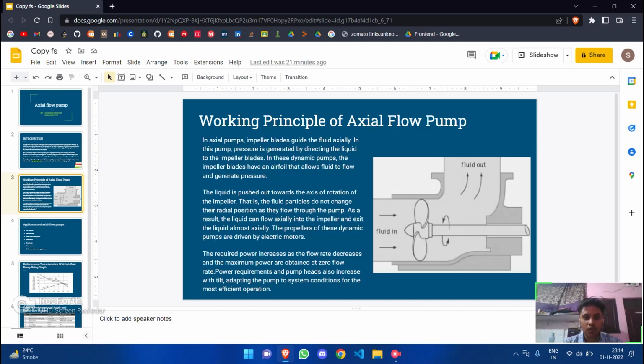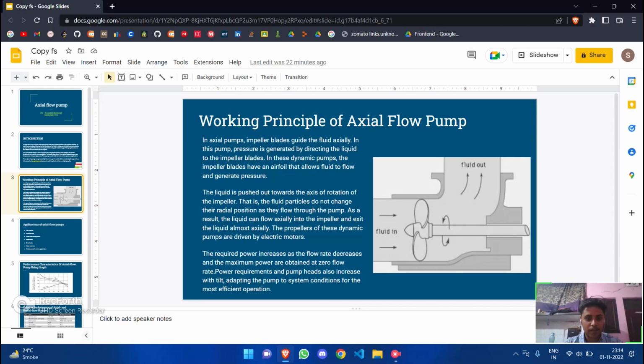The liquid is pushed towards the rotation of the impeller. That is, fluid particles do not change their radial position as they flow through the pump. As a result, the liquid can flow axially into the impeller and exit almost axially.